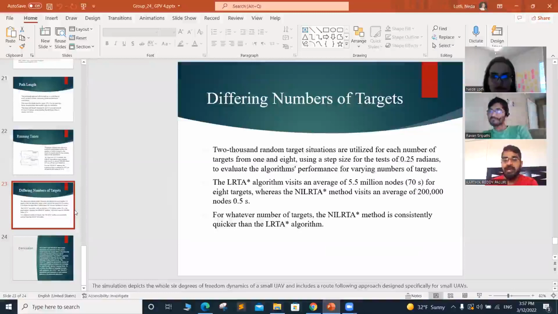The LRTA algorithm visits an average of 5.5 million nodes, 70 seconds, for 8 targets, whereas the NI-LRTA method visits an average of 200,000 nodes, 0.5 seconds. For any number of targets, the NI-LRTA method is consequently quicker than the LRTA algorithm.